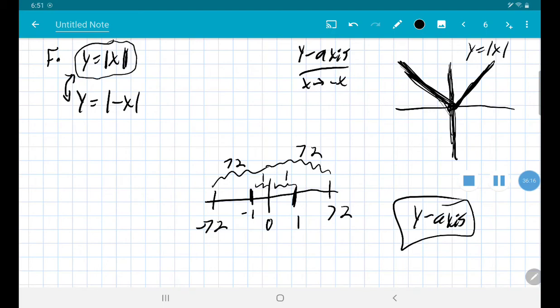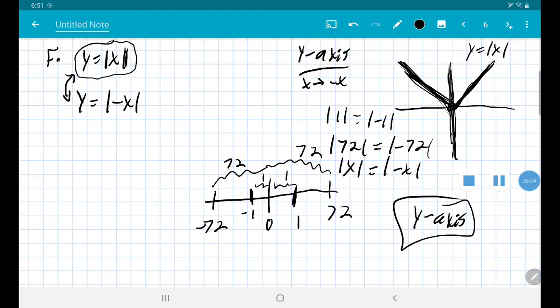So in other words, I know that the absolute value of 1 is equal to the absolute value of negative 1. I know the absolute value of 72 is equal to the absolute value of negative 72. In other words, I know the absolute value of negative x is the same as the absolute value of x.